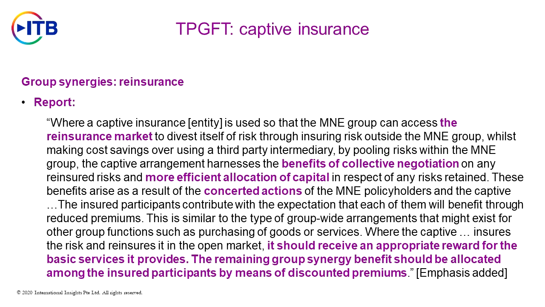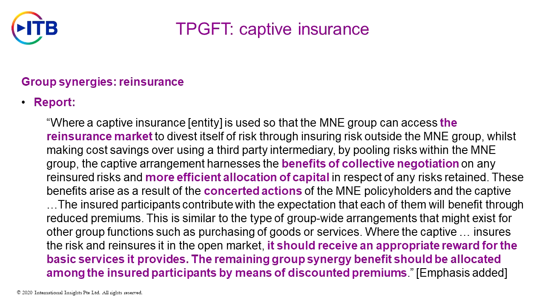These benefits arise as a result of the concerted actions of the MNE policyholders and the captive. The insured participants contribute with the expectation that each of them will benefit through reduced premiums. This is similar to the type of group-wide arrangements that might exist for other group functions, such as purchasing of goods or services.